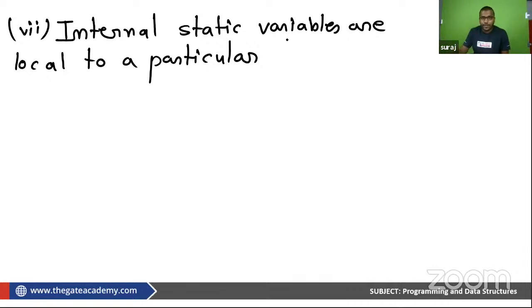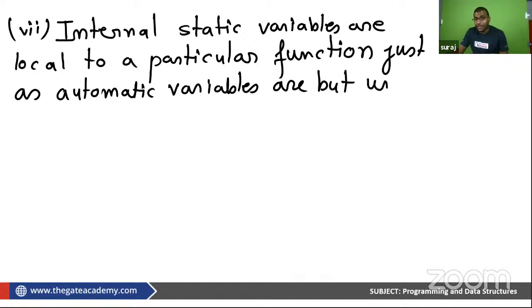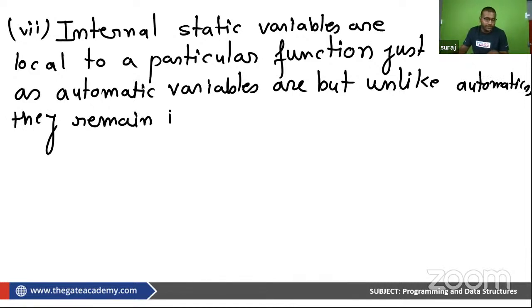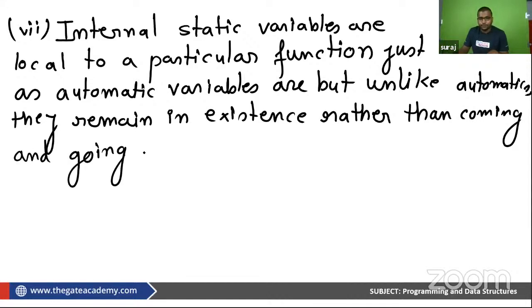So internal static variables are local to a particular function, just as automatic variables are, but unlike automatics they remain in existence, rather than coming and going each time the function is activated.